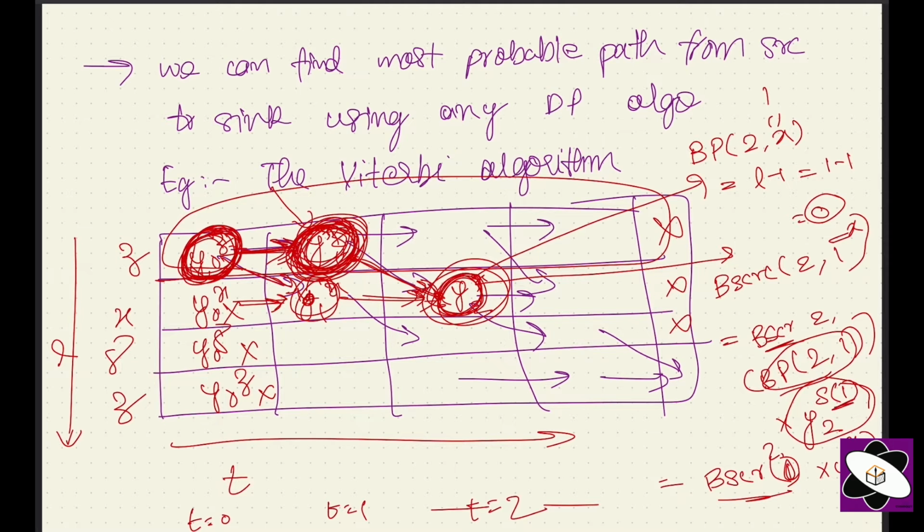So s of 1 is nothing but x, so y2 of x is this one itself, right? So in short, bp of 2 comma 1 is nothing but 0. So b score of 0 is this thing itself, and it's t minus 1.